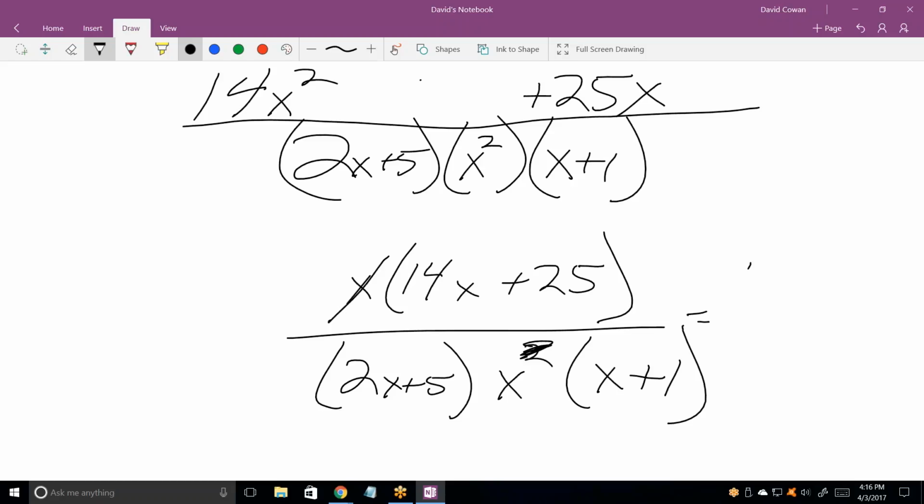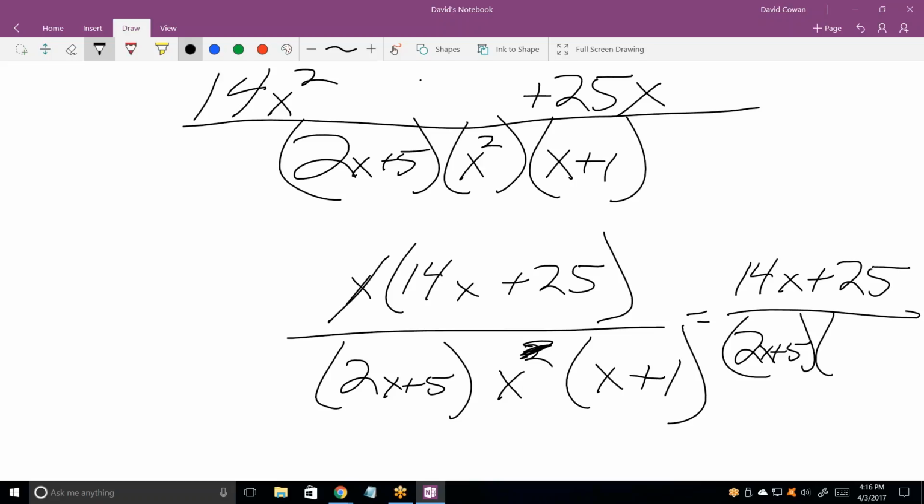My final answer, and it's final only if I know I cannot simplify it. And it's perfectly acceptable to leave the bottom exactly like that. In other words, you don't need to multiply the bottom together.